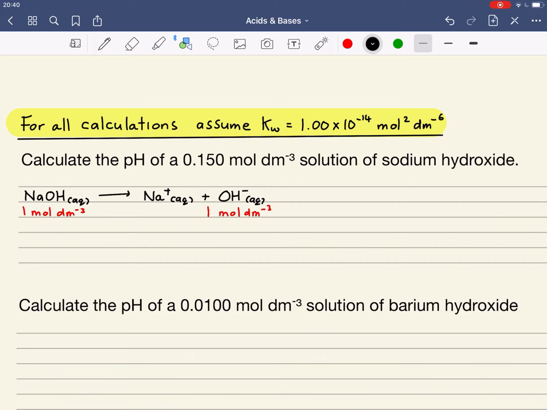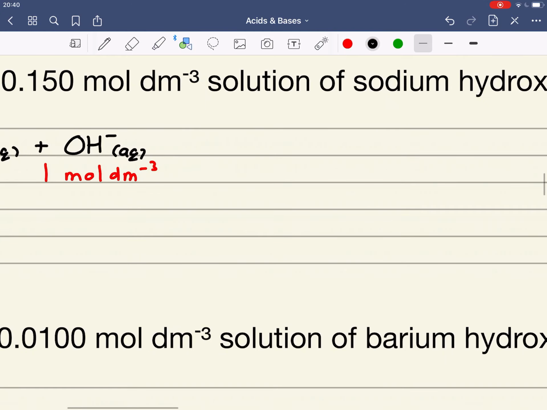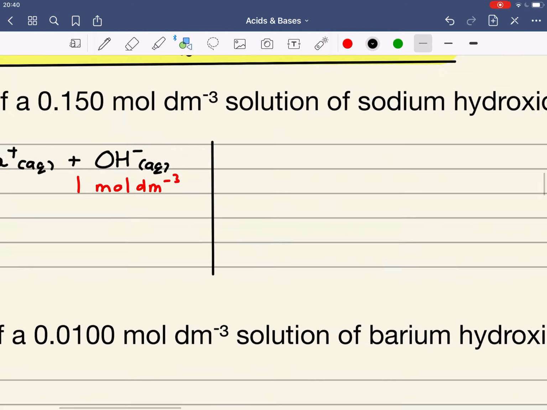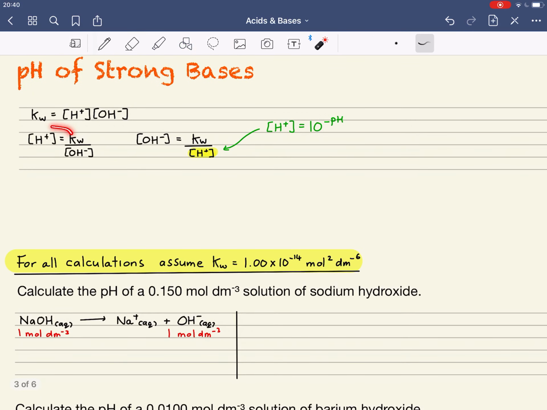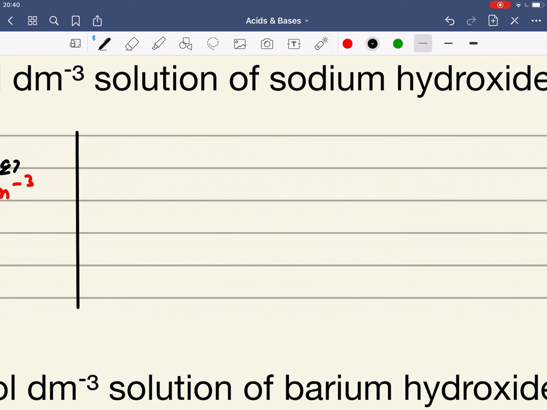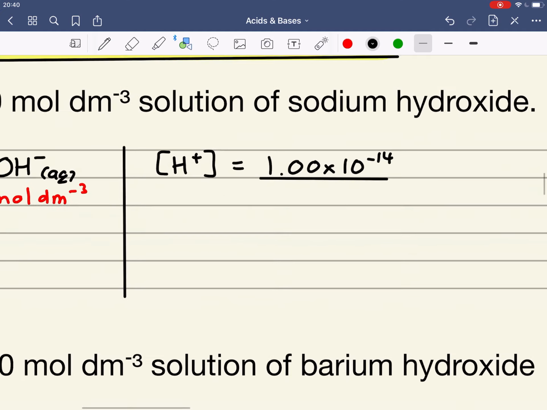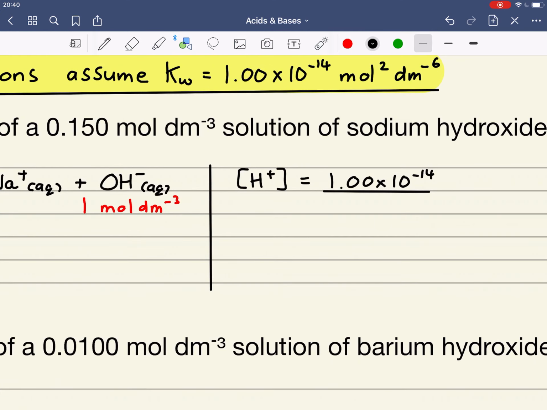So let's have a look at this particular calculation. I would use this equation here to work out my hydrogen ion concentration first. So my hydrogen ion concentration then is equal to Kw 1.00 times 10 to the minus 14 divided by my hydroxide ion concentration of 0.150.